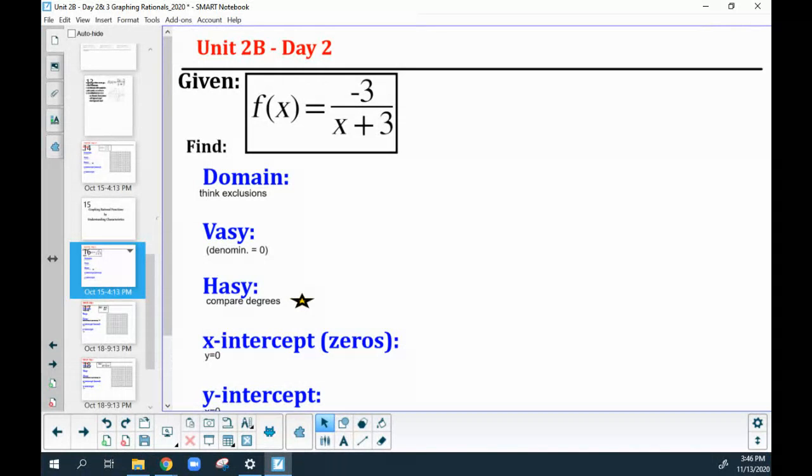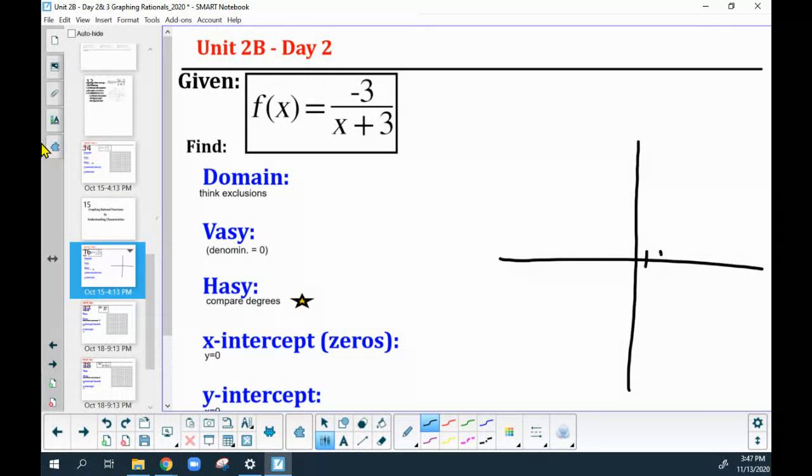I don't have a graph like I do for the second one, so let me quickly draw a grid. Now there's a time and a place, obviously, for digital Desmos and graphing calculators that are really useful. But what we're really working on in this lesson is the number sense of a rational.